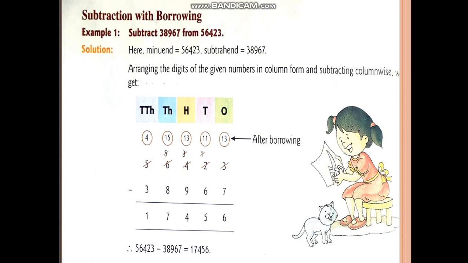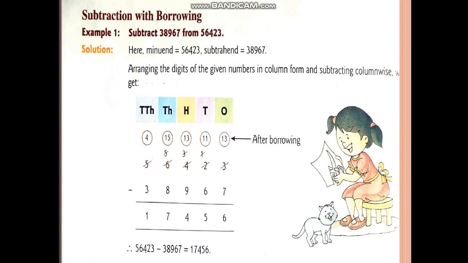Now I am subtracting in the next place. 3 is less than 9, so again I am borrowing from 6. The 6 becomes 5, and this 3 becomes 13. Now 13 minus 9 is equal to 4. Now 5 is less than 8, so again I am borrowing from 5.